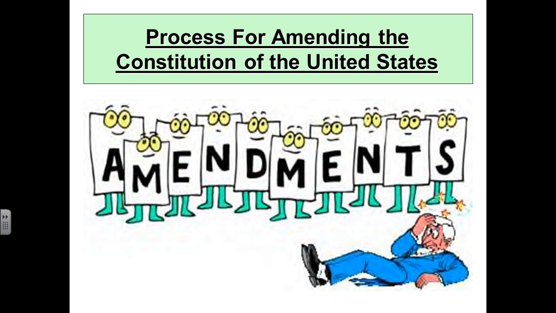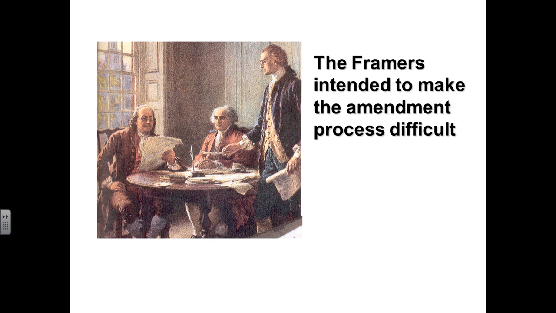Process for amending the Constitution of the United States. The framers intended to make the amendment process difficult. Why? Why would they do that? Well, remember that when the Constitution was written, they had just finished fighting a war trying to get away from a totalitarian government, or King George.